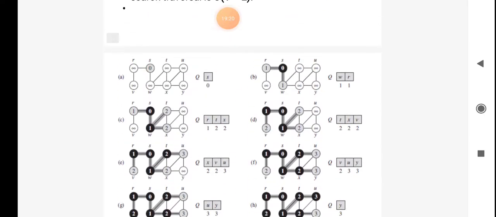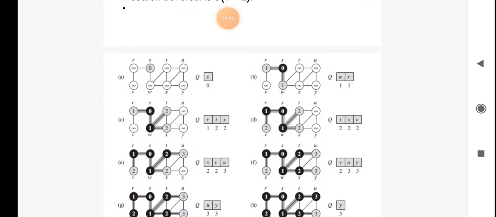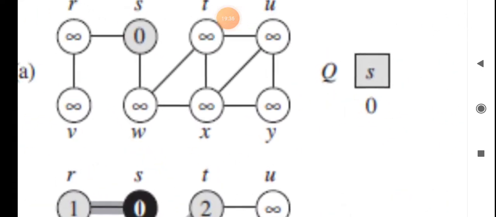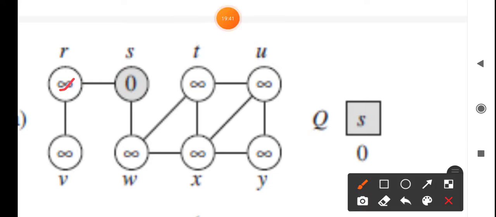Then this is another example. Here initially S is the source vertex. All other vertices are initialized to infinity. First, Q contains the source vertex, and d of u, the distance, is initially 0.